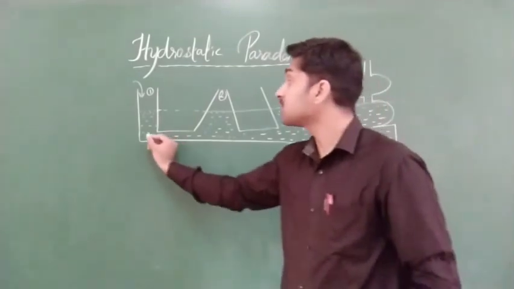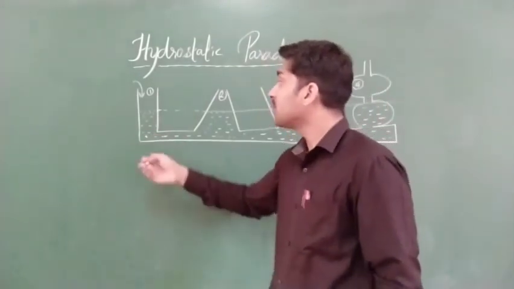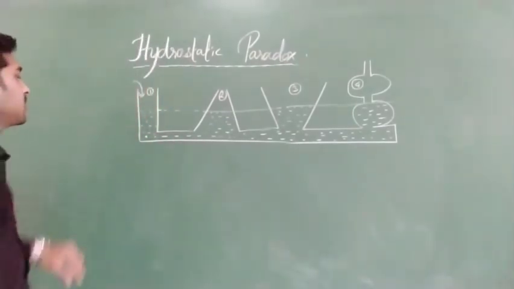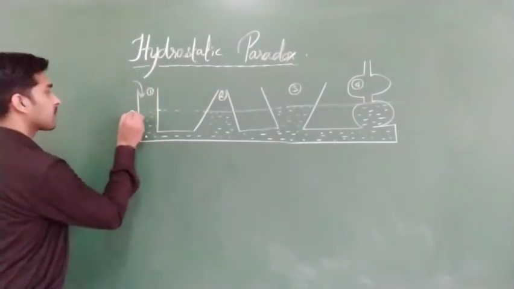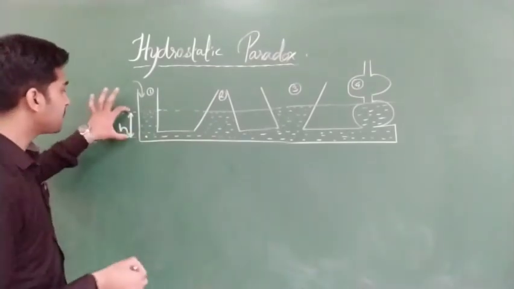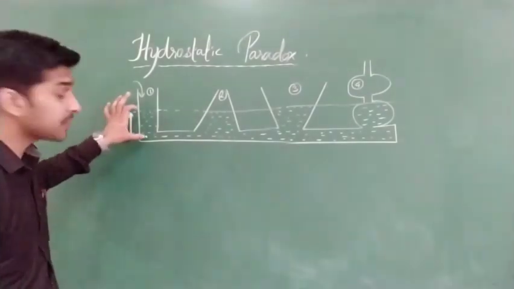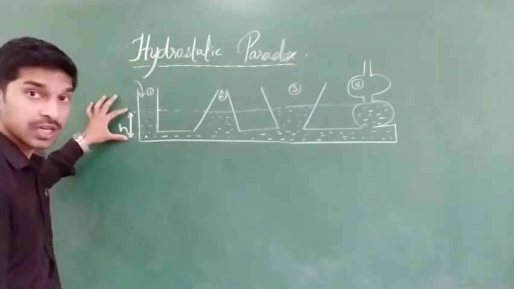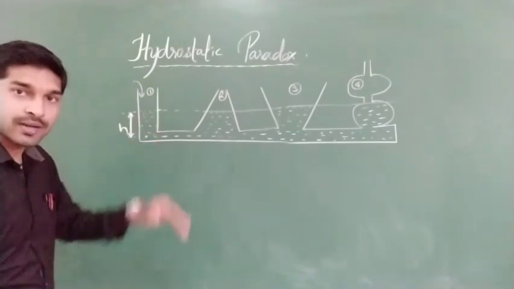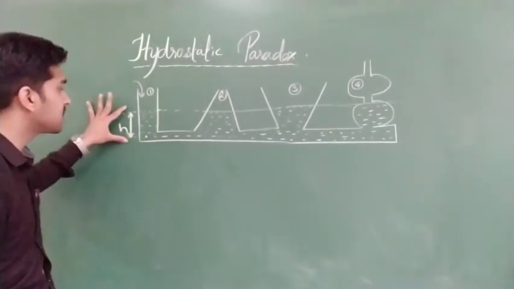Pressure at this point, if I want to calculate it, at a depth h, which is from here to here, this is nothing but h. So at a depth h, the pressure is rho g h. Rho is the density of the fluid, g is the acceleration due to gravity, and h is the depth.